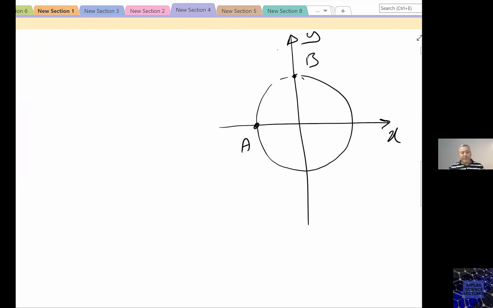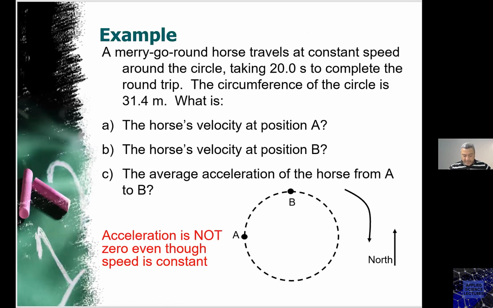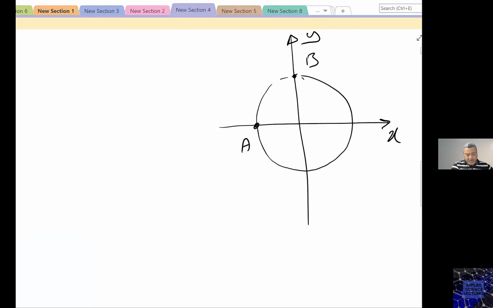Those are my coordinates that I use to do the calculation. Otherwise, how can I calculate it? So here, what I know is the circumference is 31.4. And I know the time is 20. So in this case, I can calculate the speed.